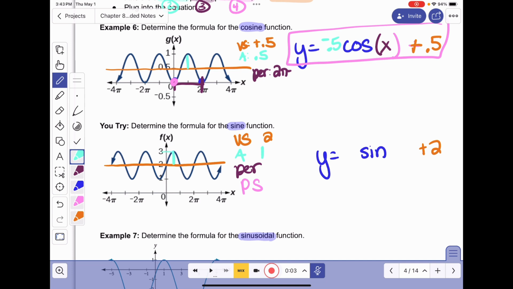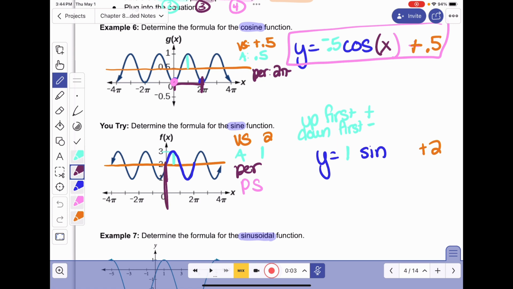So that went up 1. Now sine usually goes up first. So from the beginning, if we go up first, our A is positive. If we go down first, our A is negative. So this graph goes up before it goes down. So we're going to leave that as a positive 1.